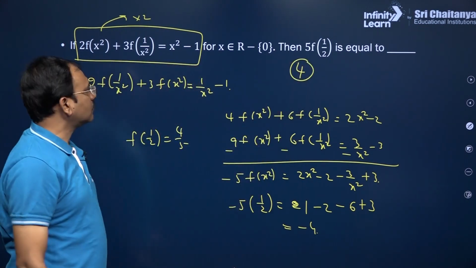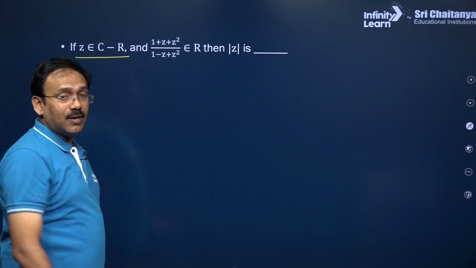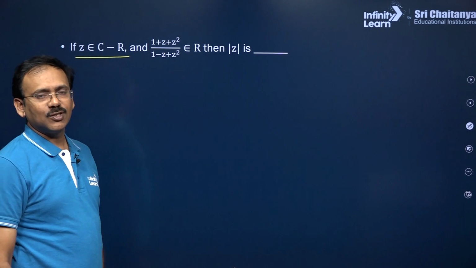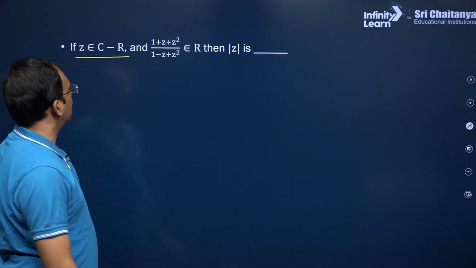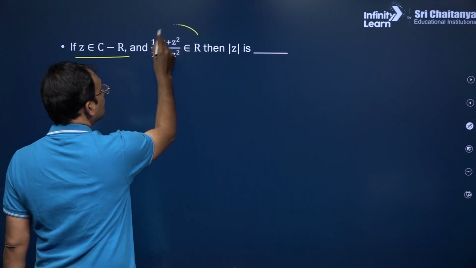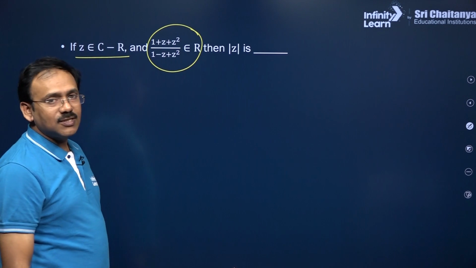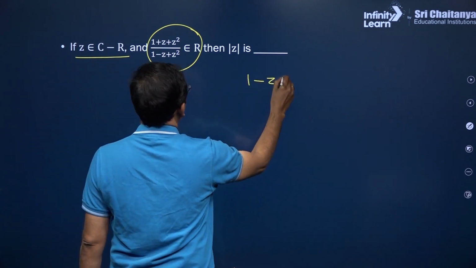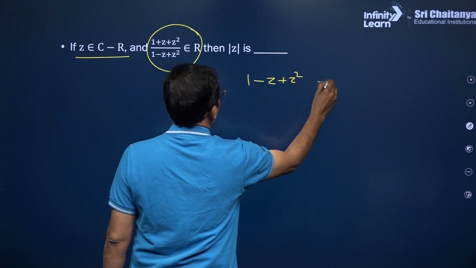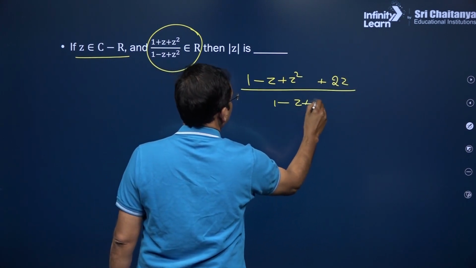That is all. Next, you see, z is a complex number other than real numbers. So, it is going to be a non-real complex number, given that this particular complex number is purely real. Mod z I want. You see, this expression you can arrange it as 1 minus z plus z square plus 2z by 1 minus z plus z square.